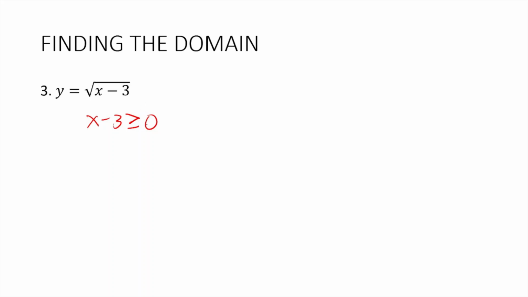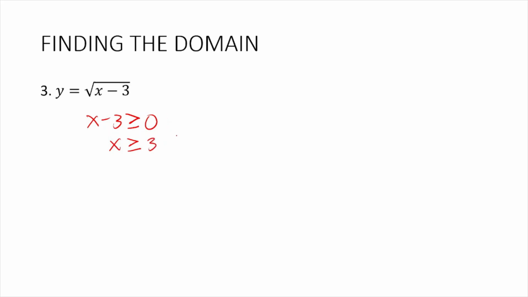Okay, because all values greater than or equal to 0 are all positive values, including 0. So there's no problem if it's 0. We just want to avoid the radicand being negative. Okay, so we solve for x: x is greater than or equal to positive 3.